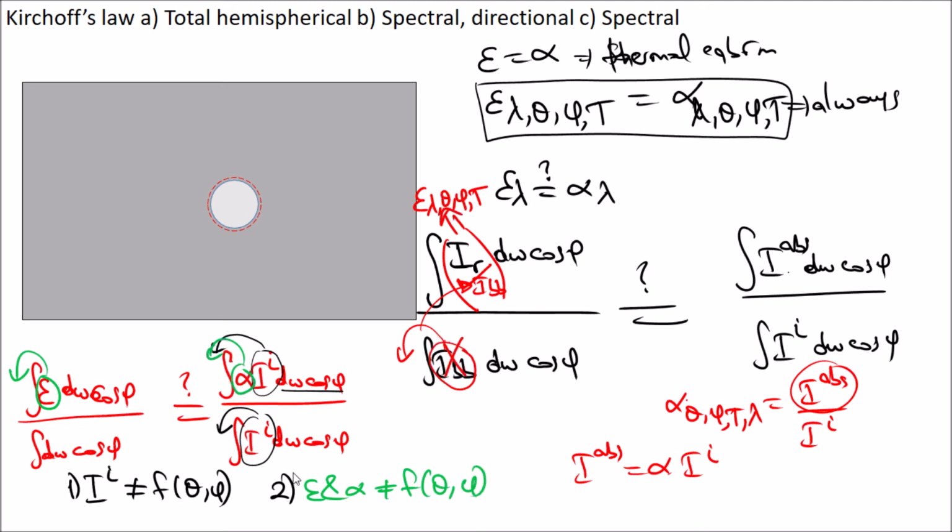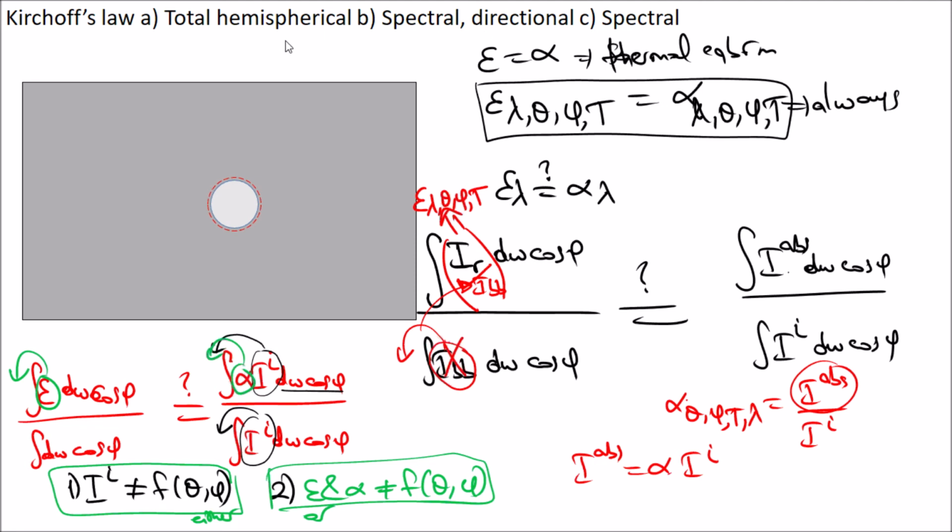That is the second condition, and this is the first. If either one is there it is okay. It's either or. And this is for spectral directional emissivity and the spectral emissivity.